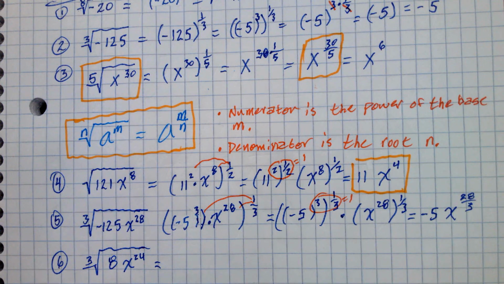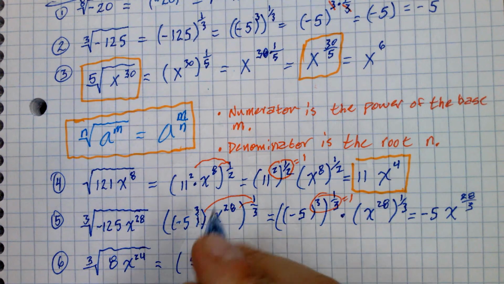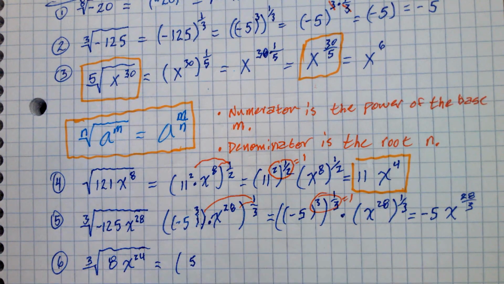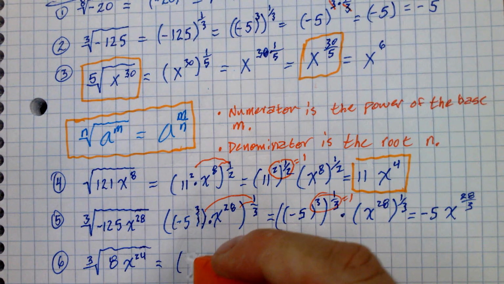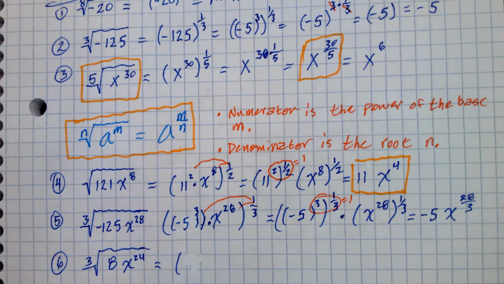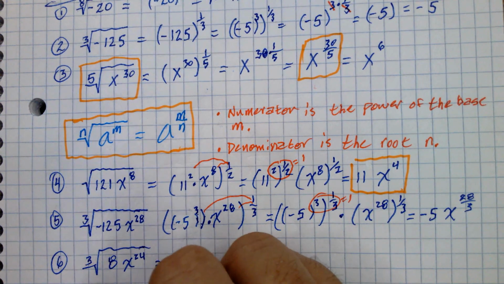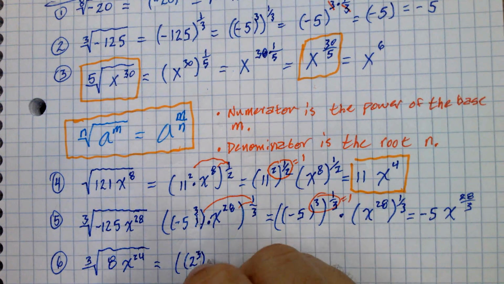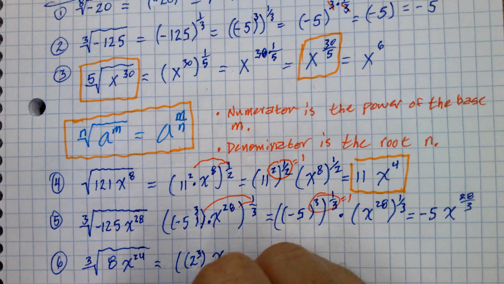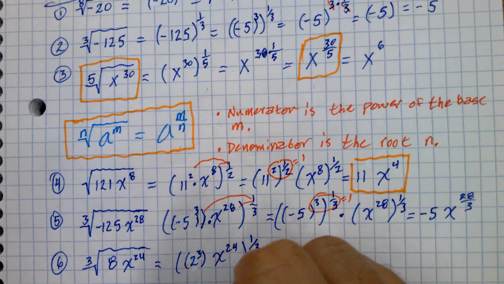What number times itself 3 times is 8? So we have 2 to the third, and then we have x to the 24th, all to the 1/3 power.